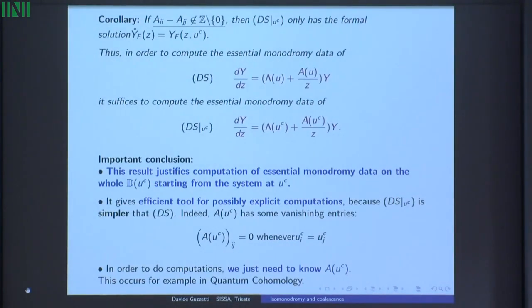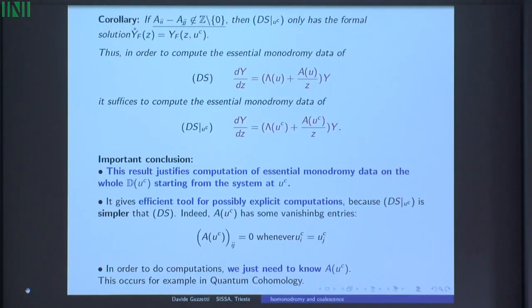And the important point is that the computation of the monodromy data of the system at the coalescence point may be feasible explicitly because of this condition. This system at the coalescence point is simpler because some entries vanish, and in some cases you may even compute explicit solutions using special functions.